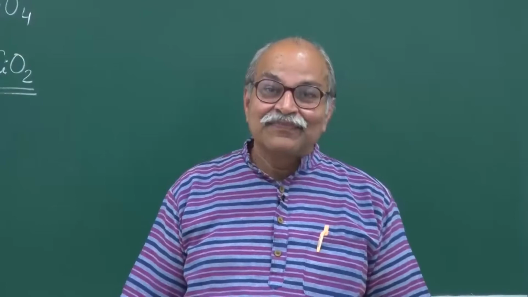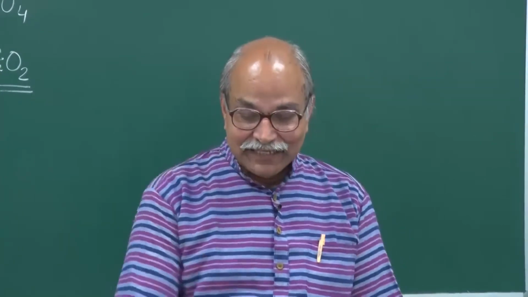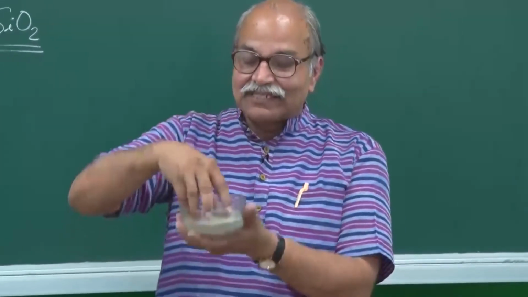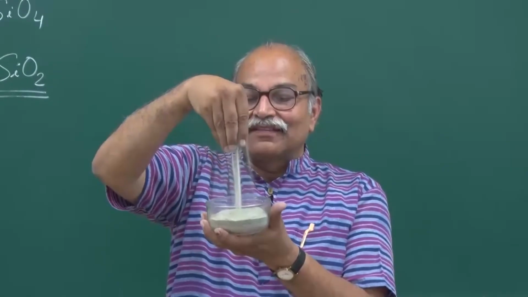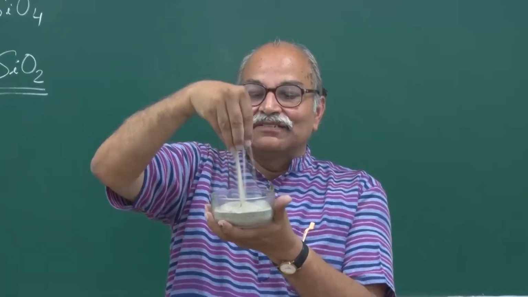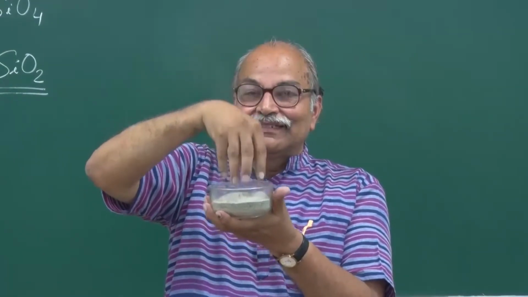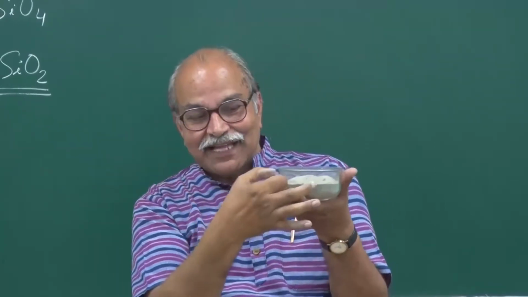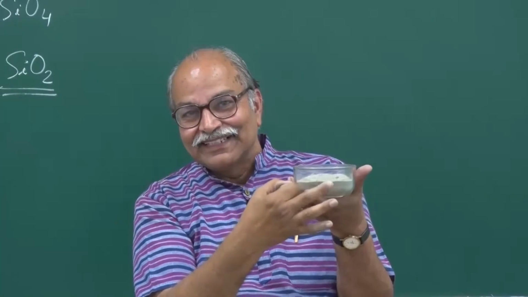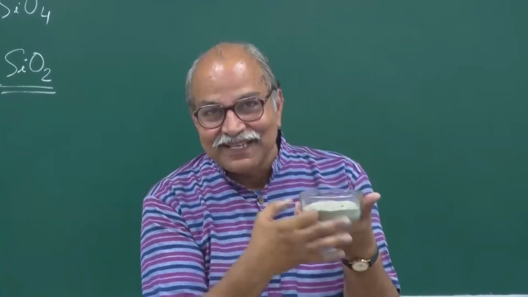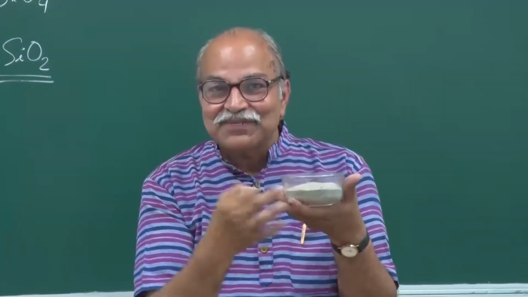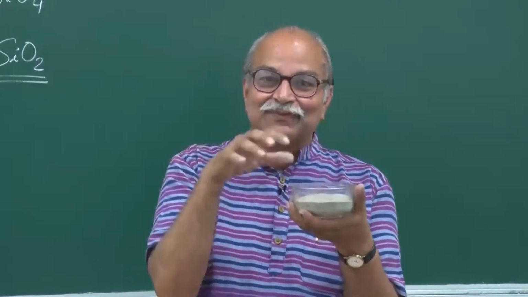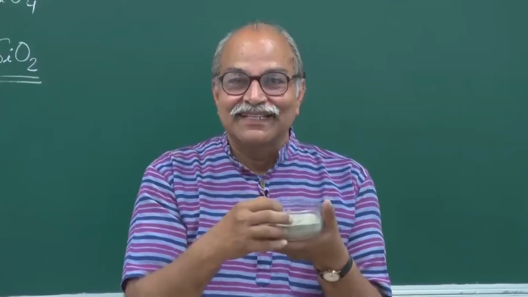dioxide or silica. Sand, okay, I have a sand here. This sand is mostly silicon dioxide, silica. This sand is kept in this glass vessel. This glass vessel itself is silica, most of it is silica with some other materials in it.